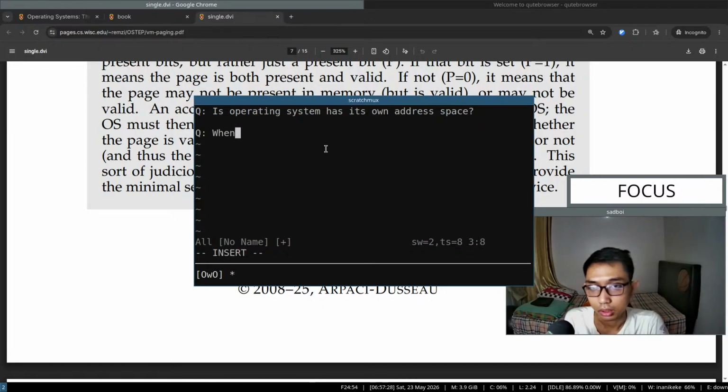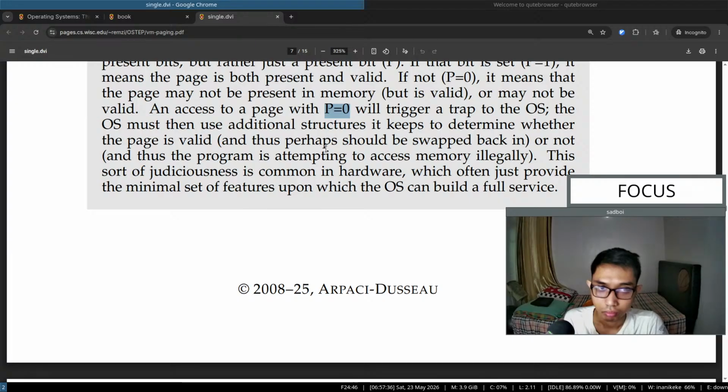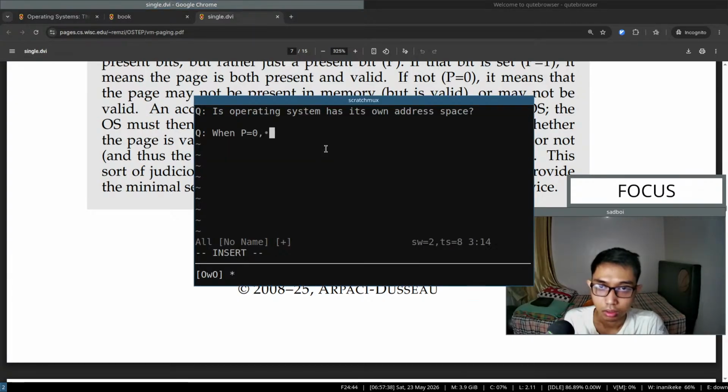What is it? P equals 0. Are there two conditions?